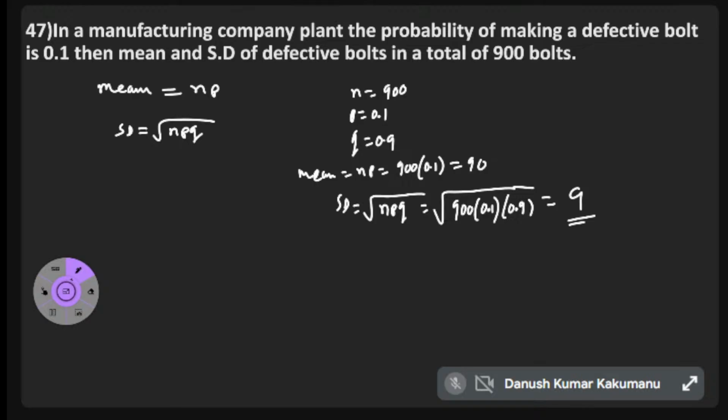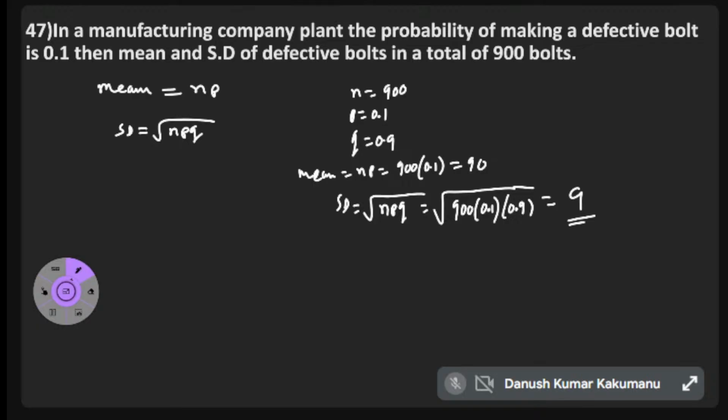Lambda. Mean square value is lambda square plus lambda. Variance is lambda. Standard deviation is root lambda. What is lambda here? Same 90. Then the standard deviation is root lambda.